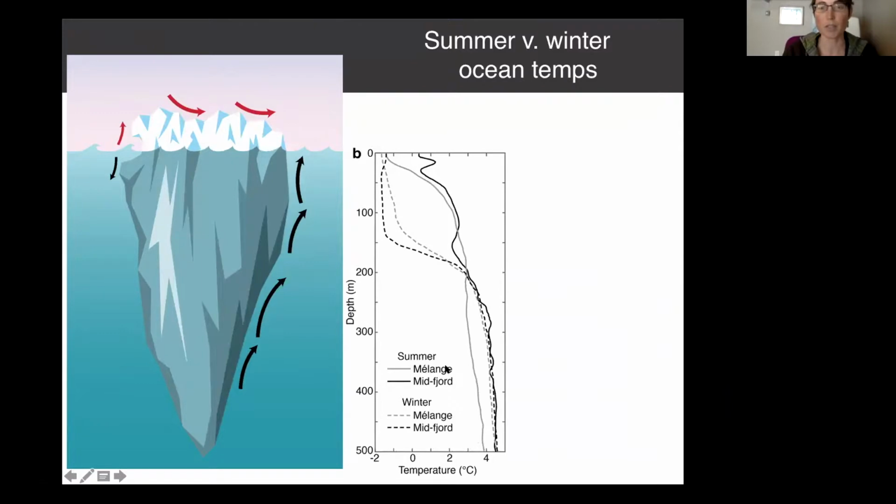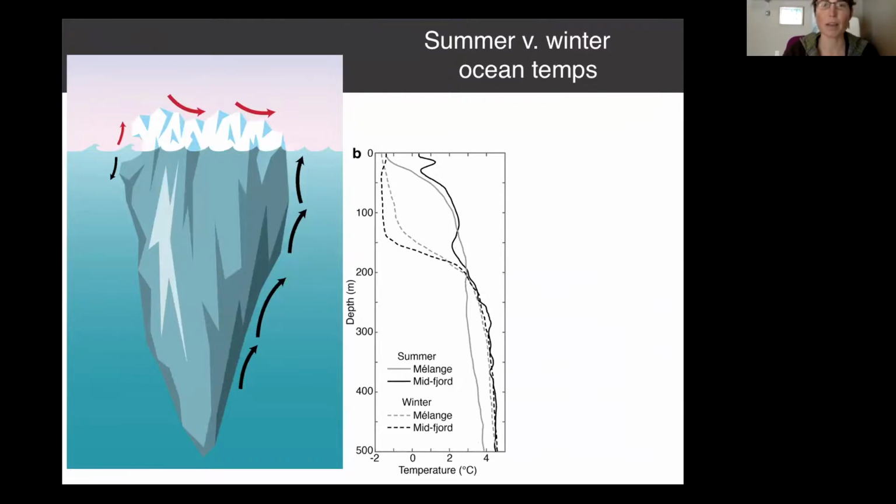You're seeing a difference between melange and mid-fjord, between the lighter color and the darker color lines. But you can also really get a sense of how different these ocean temperatures look in that upper roughly 200 meters between the seasons, and also some sense of that influence that the melange has, particularly in the top 50 or so meters.